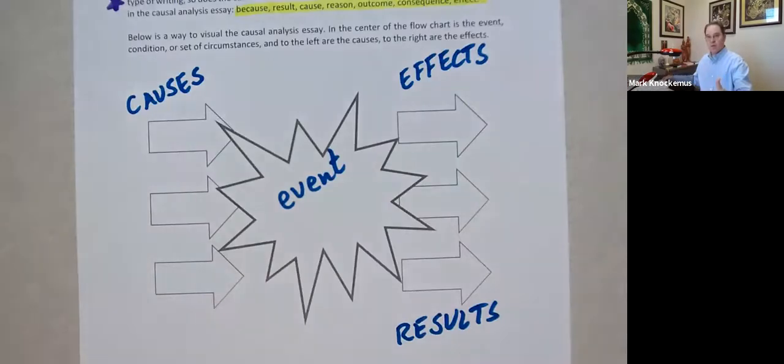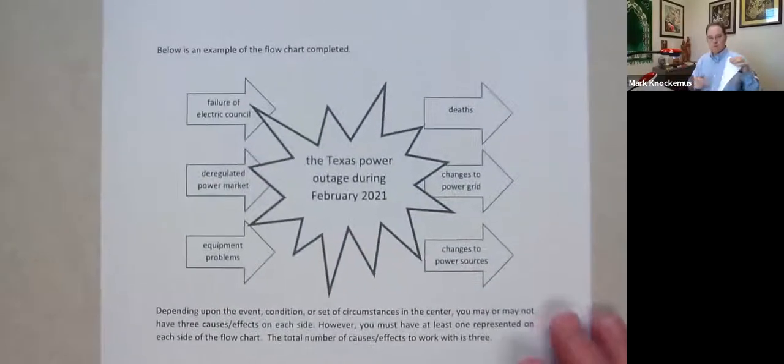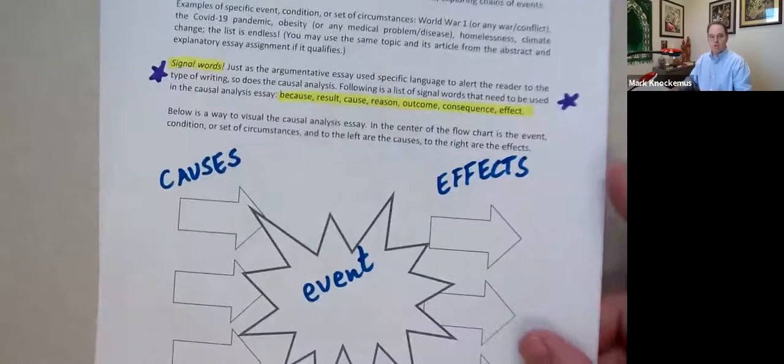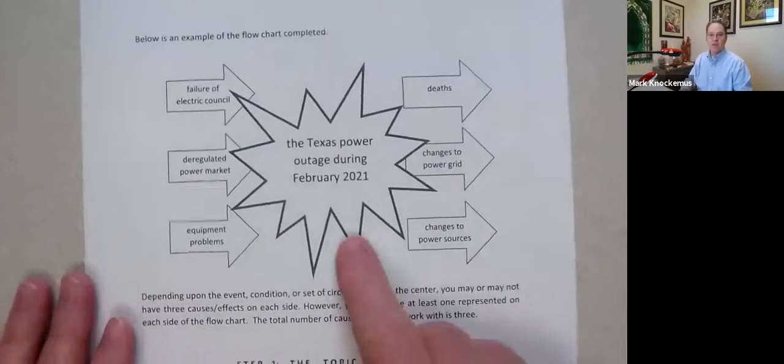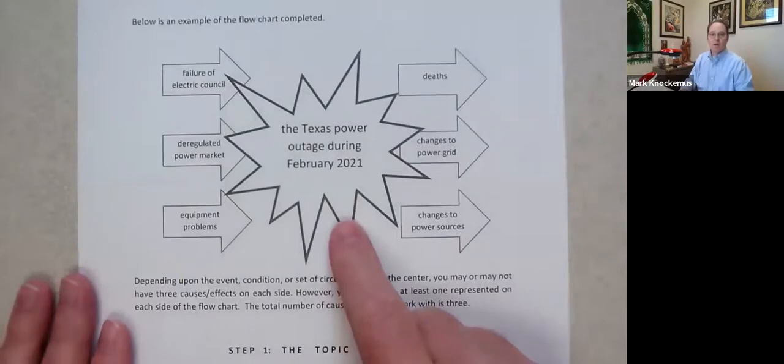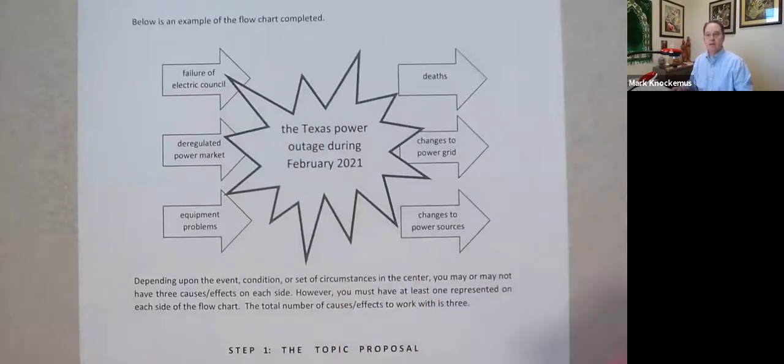As with all the other papers, I'm writing along with you, providing you with examples. Here is my little flow chart completed. The event that I chose to use was the power outage that happened in Texas during the pandemic winter, February 2021.